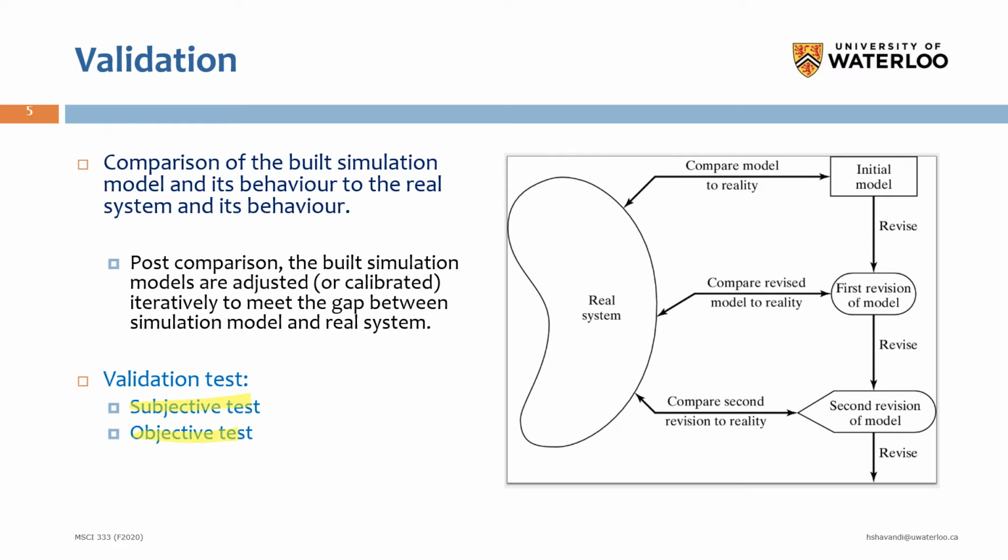We may use some experts to judge the simulation model's behavior and results, and compare them with the real system. Or we may have data from the real system. We can enter those data in the simulation model, and we know the system's behavior for those data, I mean the result, and then again we expect to have the same result from the simulation model. This is called an objective test.